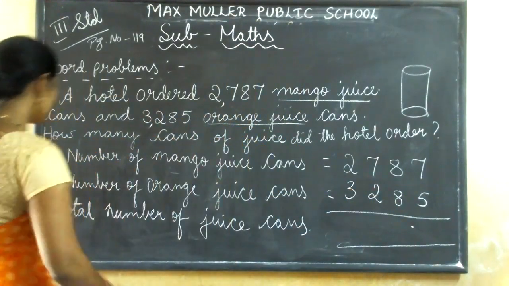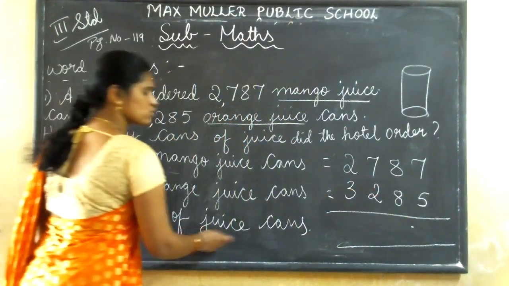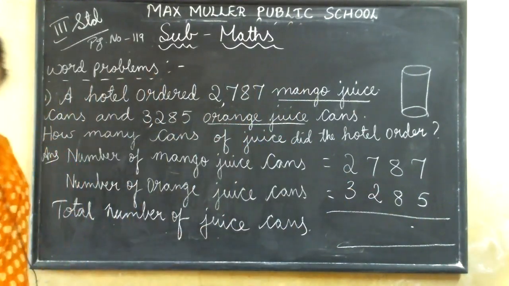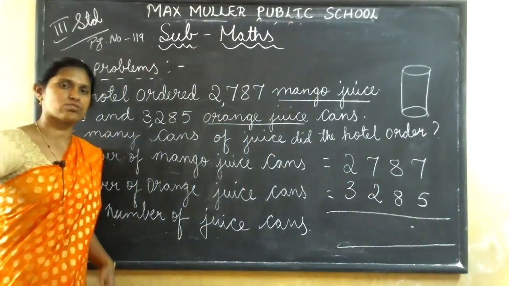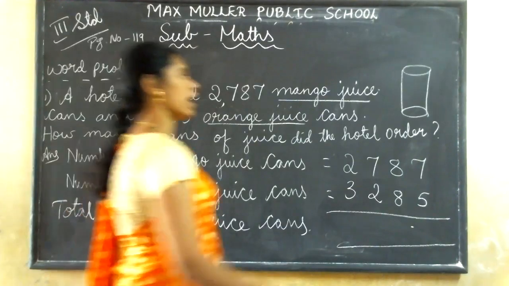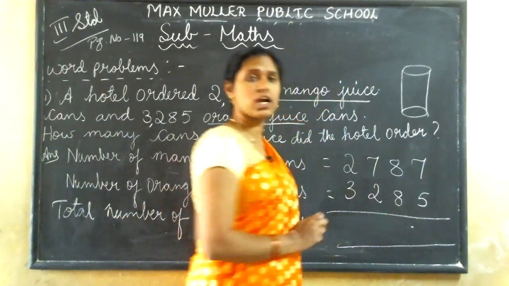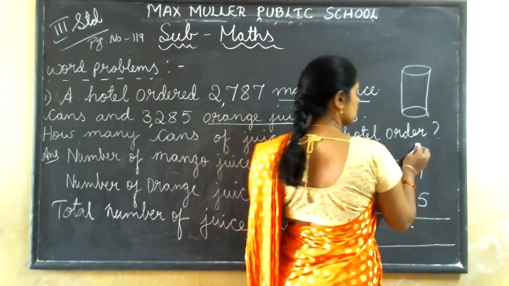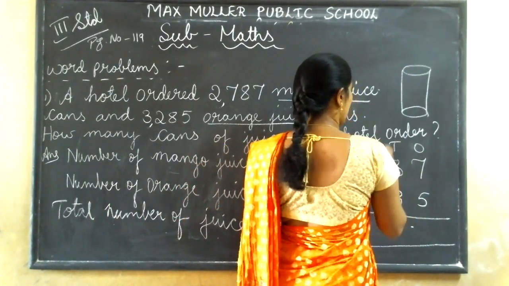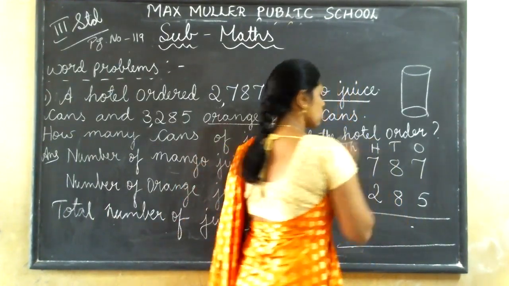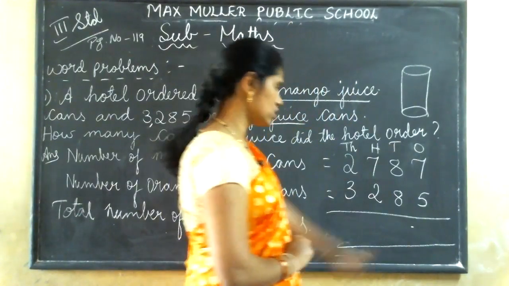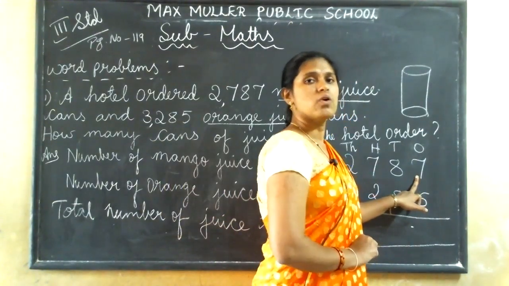To find that one, total number of juice cans. So what you are going to do, you are going to add this one. How you are going to add? From which place you are going to add? So write the place values: 1, 10, 100, 1000. So from which side you are going to start? You are going to start from ones place.